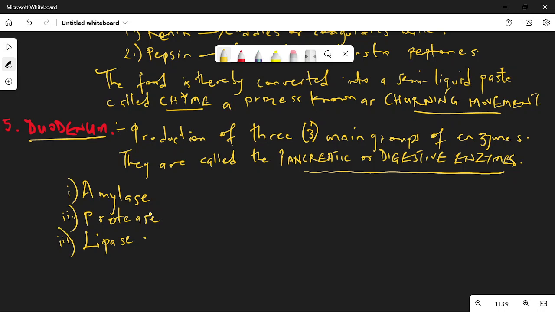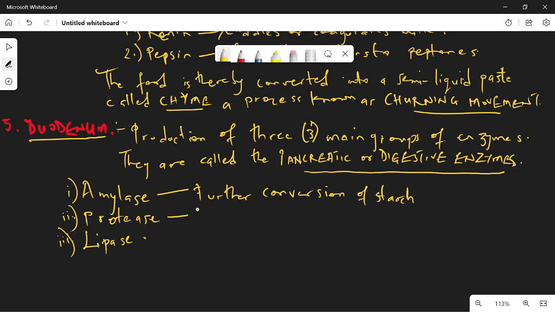Are we together? So the amylase carries out further conversion of starch. Remember that the starch has been converted to maltose.